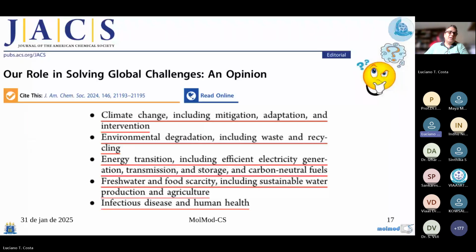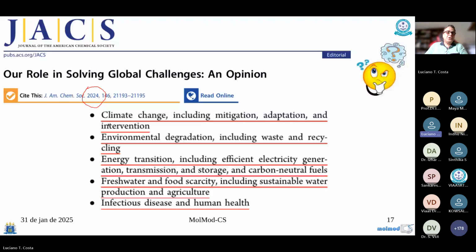So also recently, exactly in 2024, the same researcher, Professor Emily Carter, published this opinion in JACS about our role in solving global challenges. And she pointed out five problems that you need to think about and try to find new solutions for.